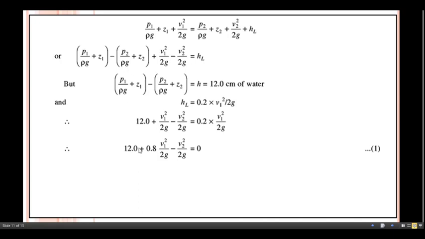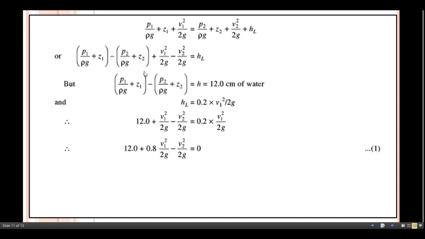So in this way we can get P1 divided by rho g plus Z1. Okay, this term we have written in this way, and this term we have taken towards the left side, at the same time we have taken this term towards the left side, to get the value for the head loss.